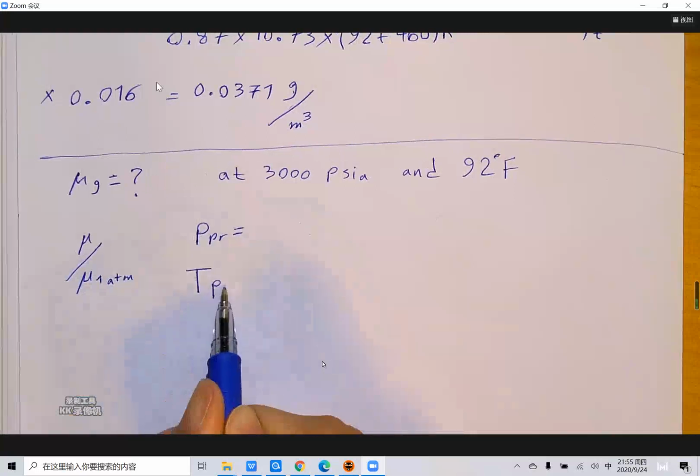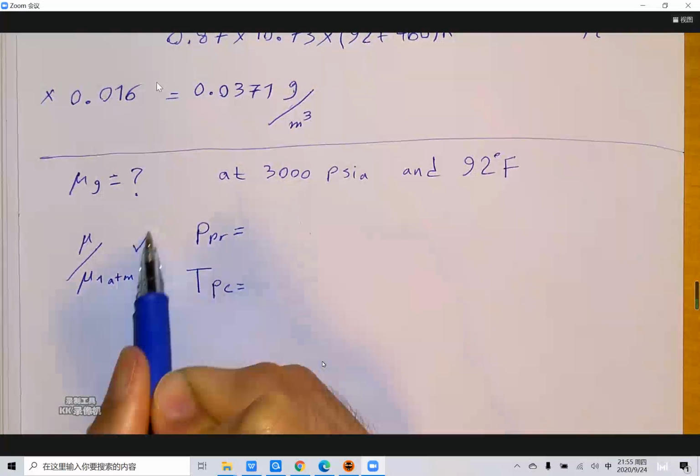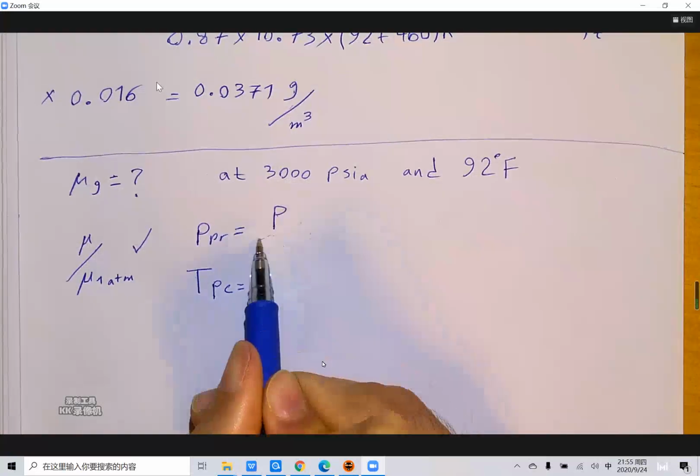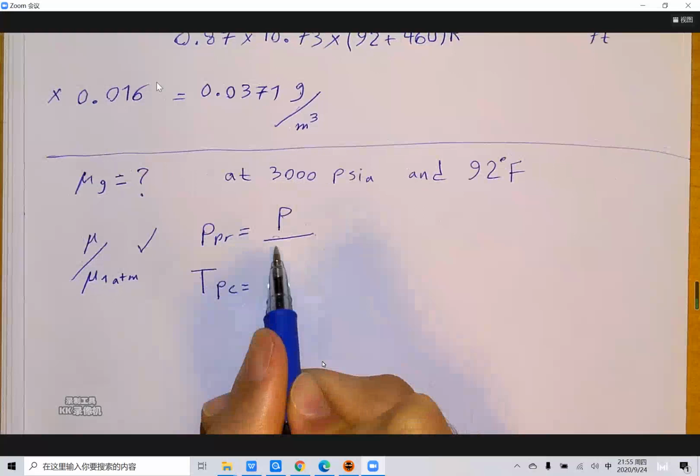Then you can calculate the ratio. So again, you need to find that.